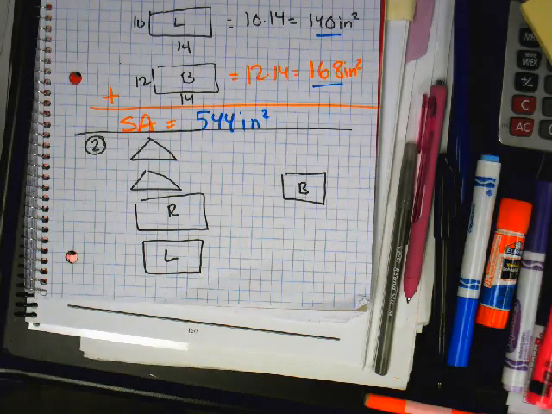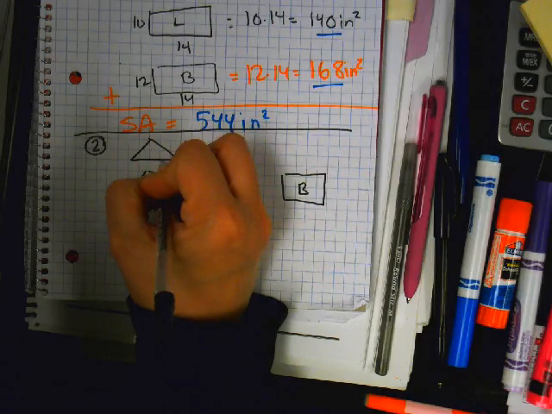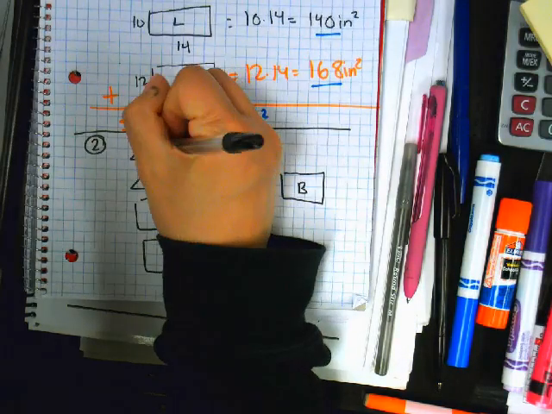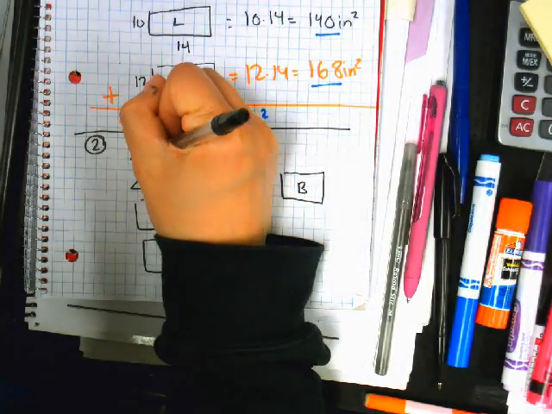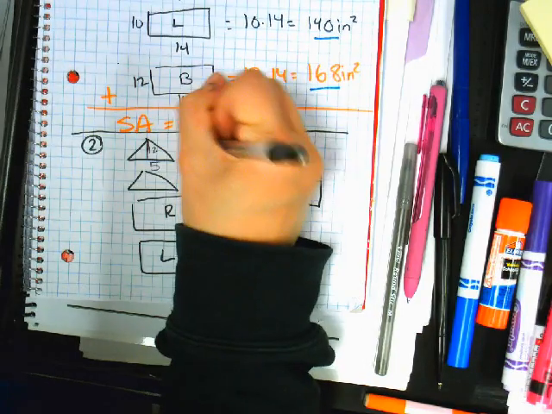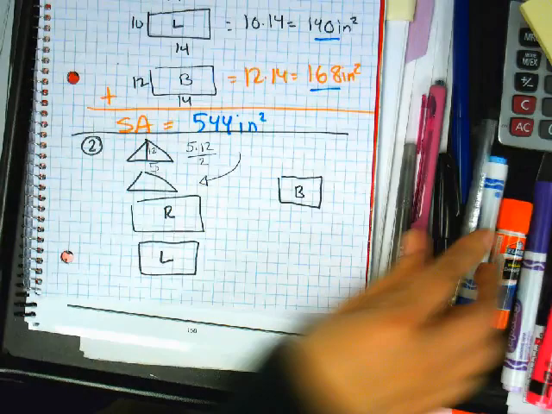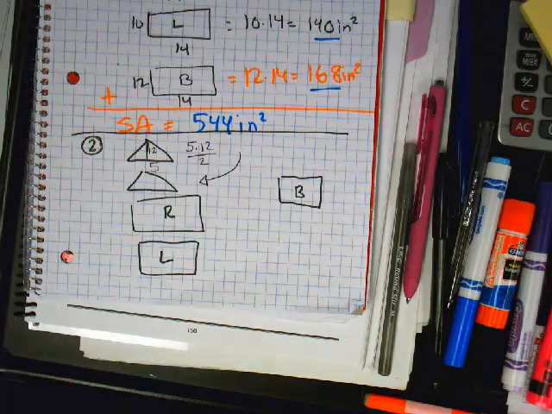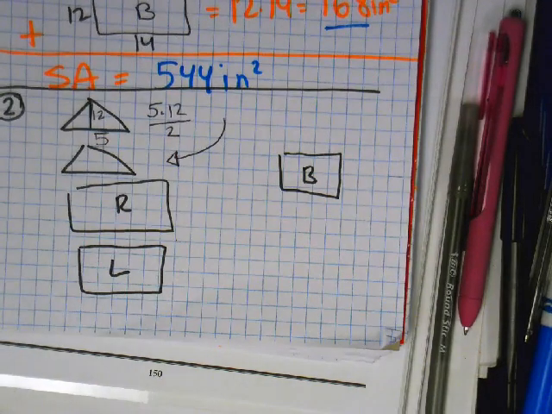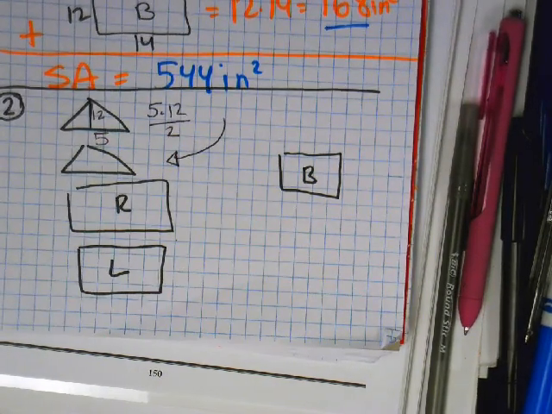You are correct. This is 5, and then the height is 12. So you're going to use those: 5 times 12 divided by 2, and the same thing goes down here. Okay, the right rectangle. That's the one you see.